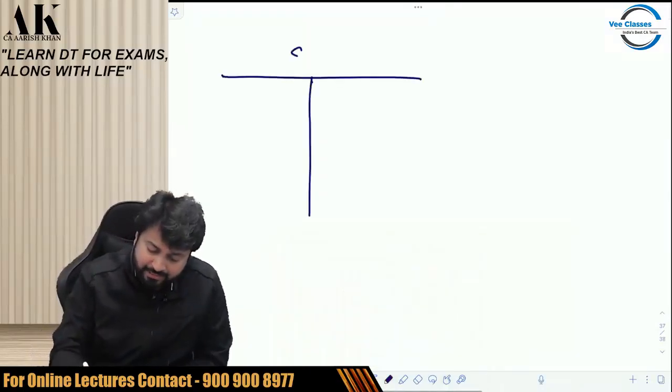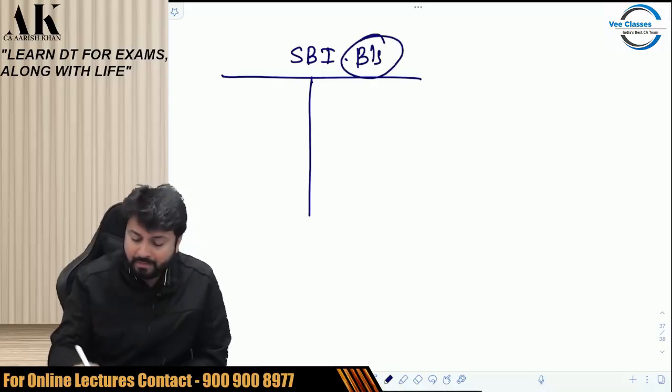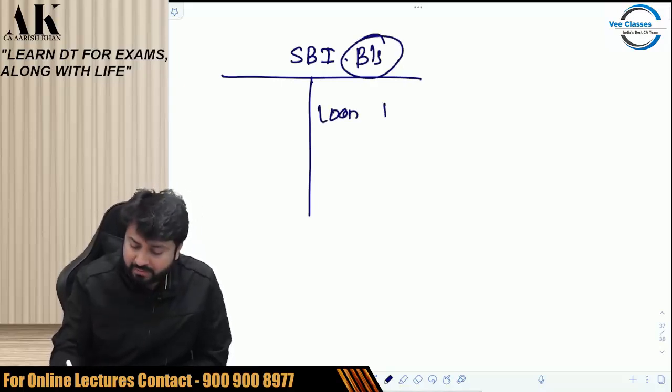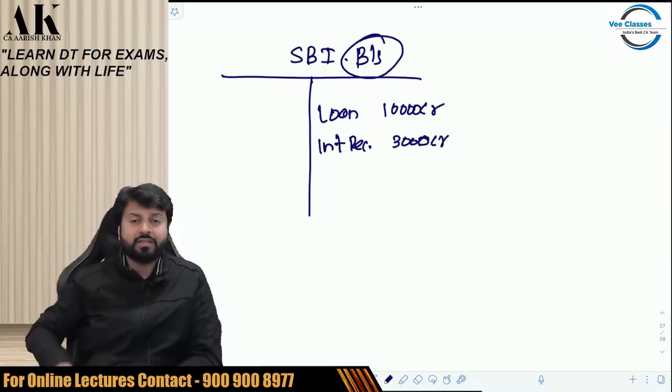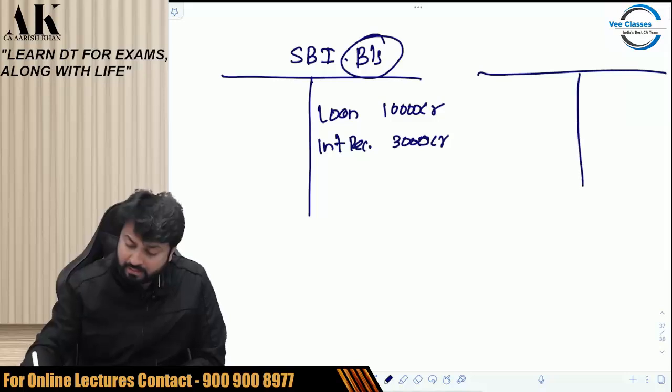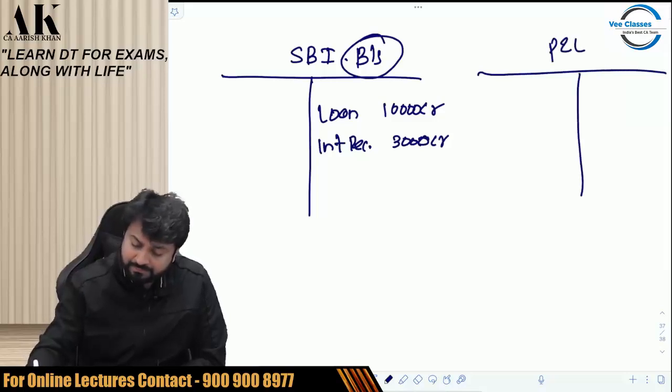Suppose this is SBI's balance sheet, and SBI has given a loan of 10,000 crore to someone, on which there is an interest receivable of 3,000 crore. That person has not paid interest to the extent of 3,000 crore. Now this is the P&L account of SBI. What will be the income of SBI?